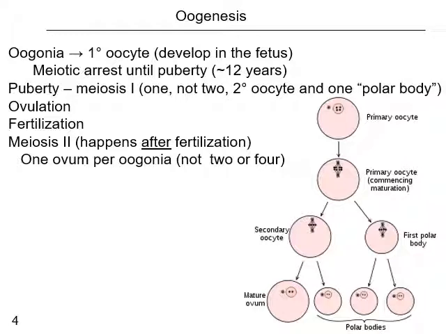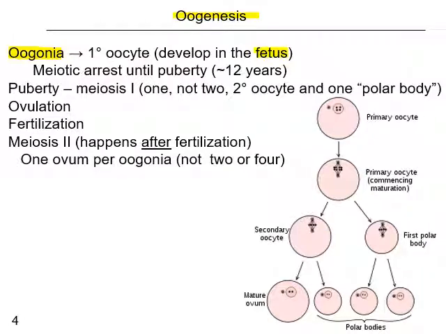Now let's talk about the process of oogenesis, the development of oocytes, or ova, eggs. Oogonia are the precursor, primordial cells that develop into oocytes. Oogonia develop in the fetus.